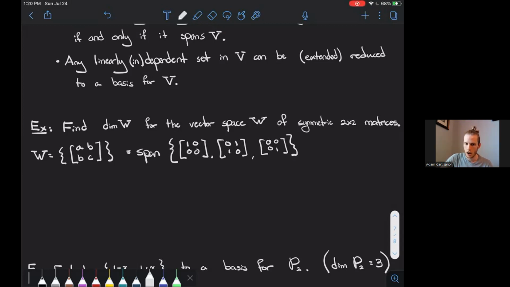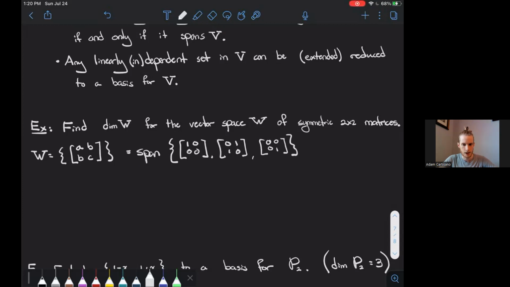Do you see that? I can get any matrix of this form by doing A times the first one, B times the second, and C times the third. So this is definitely a spanning set, and that's why W is the span of these 3 vectors.